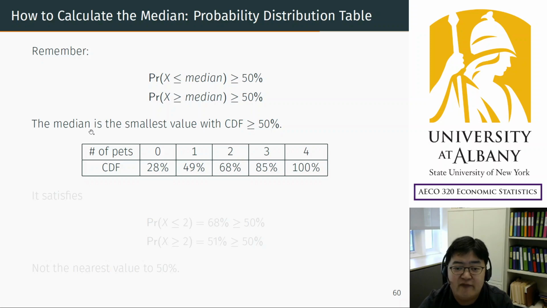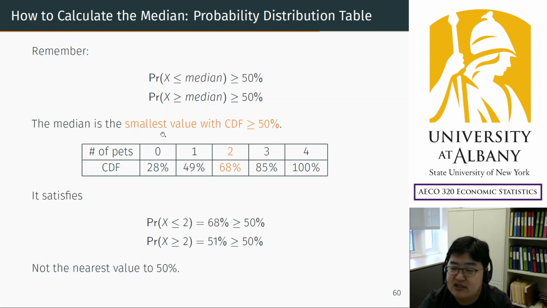So we have to find the first value with cumulative probability greater than or equal to 50%. That is this one. These values have cumulative probability greater than 50%, but 2 is the smallest value, so we take this as the median.